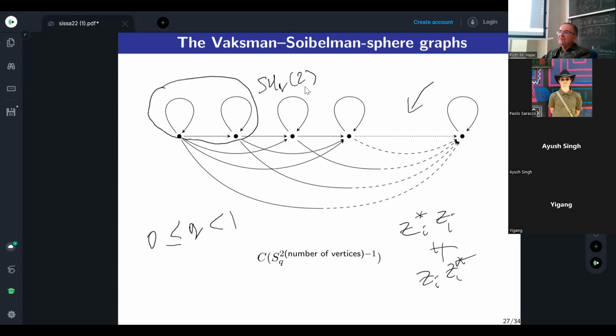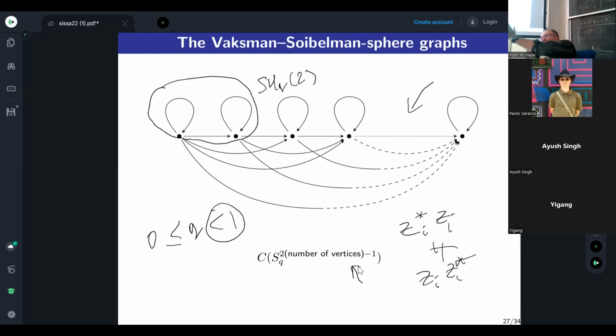The thing is, here you have q strictly less than one. Q equal to one would be commutative, which is classical SU(2). So you see here we have a q. This C*-algebra is intrinsically defined by q-generators and relations.